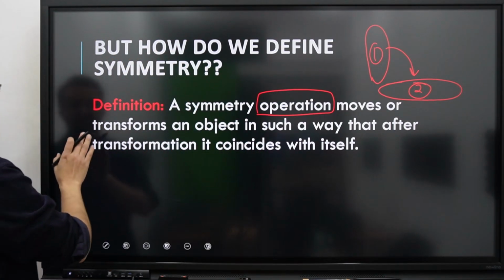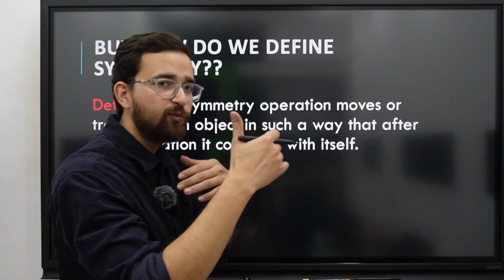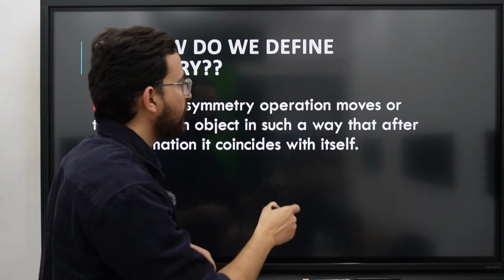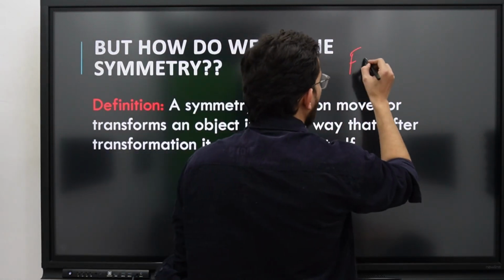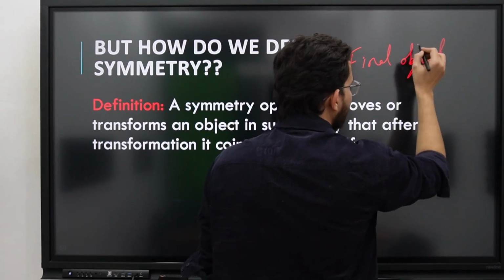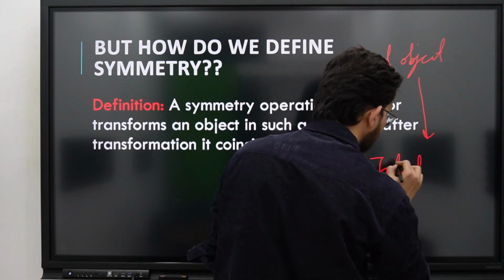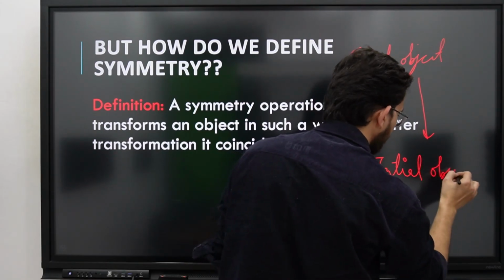So symmetry is defined in such a manner that when you are done with this operation, with rotating or copying, pasting, the final object that you get should be exactly the same as the initial object.